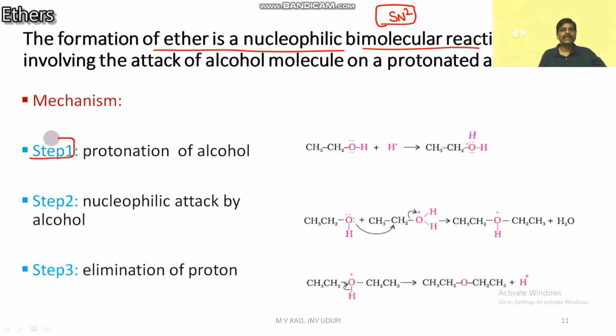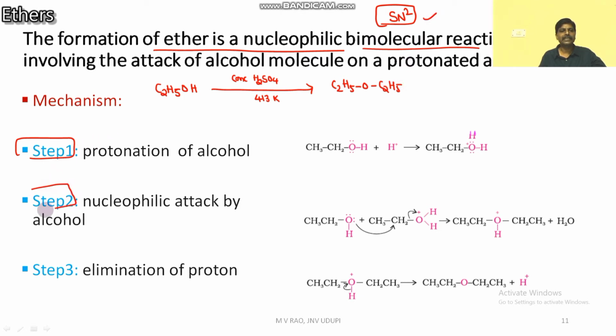The reaction is C2H5OH gives rise to, with concentrated H2SO4 at 413 Kelvin, the product C2H5OC2H5. This reaction follows SN2 mechanism.